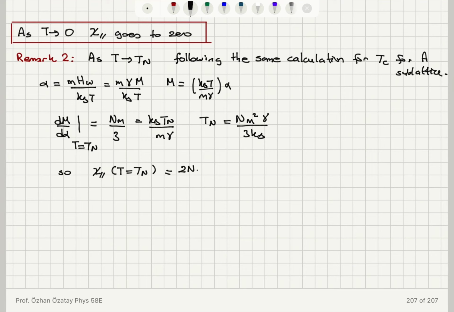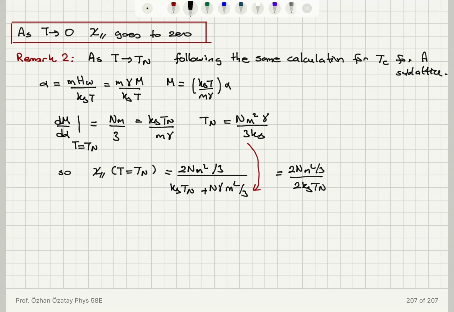At the Néel temperature, the derivative of the Langevin function is 1 over 3, divided by kBTn, the Néel temperature, plus N gamma m squared over 3. And since N m squared gamma over 3 kB is the Néel temperature, I'm going to substitute here, and basically I find that this is 2Nm squared over 3 divided by twice kB times the Néel temperature.